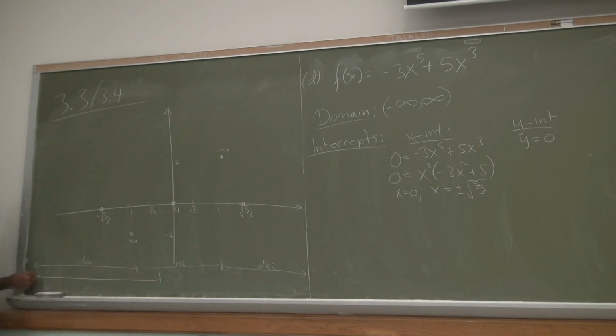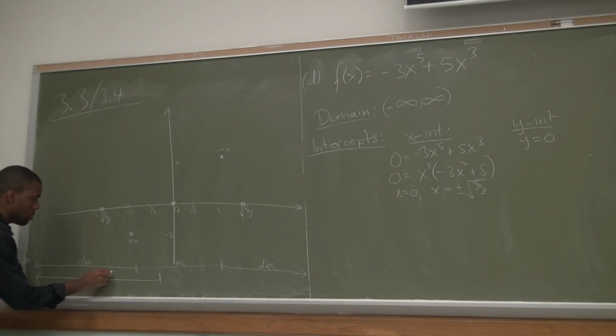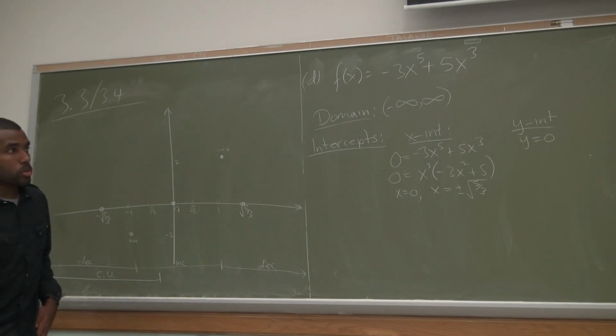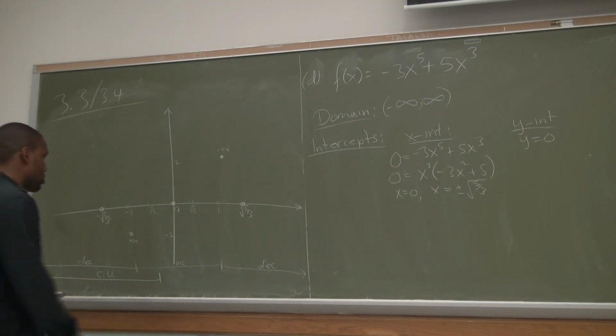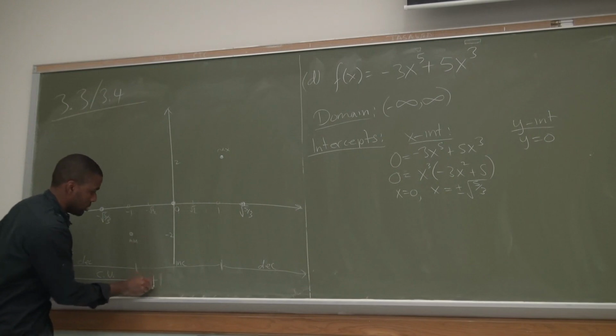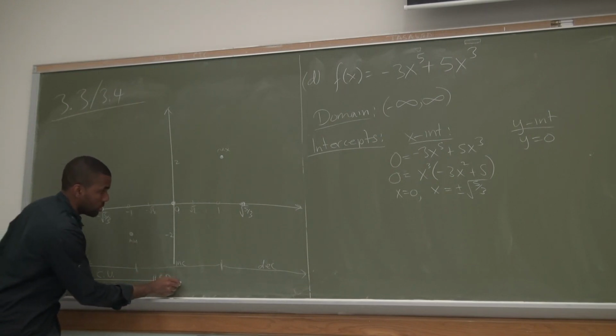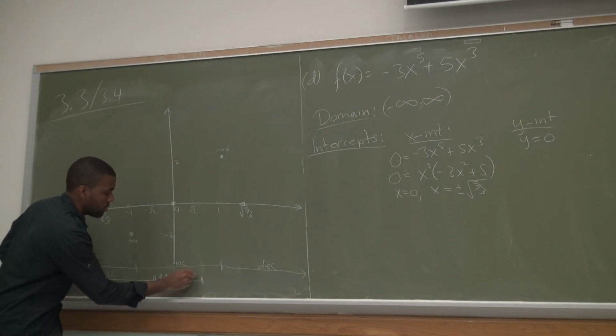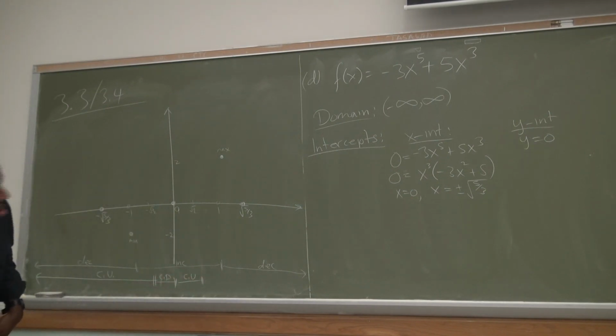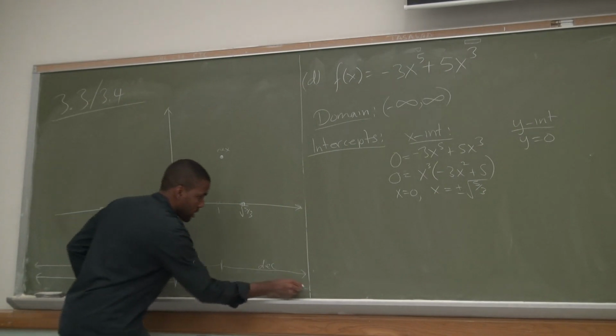Up to here we're concave up. The next one is between that and 0. So this little part here, we're concave down. Then this little part here, we switch to concave up again. And then for the rest of the time, we're concave down.